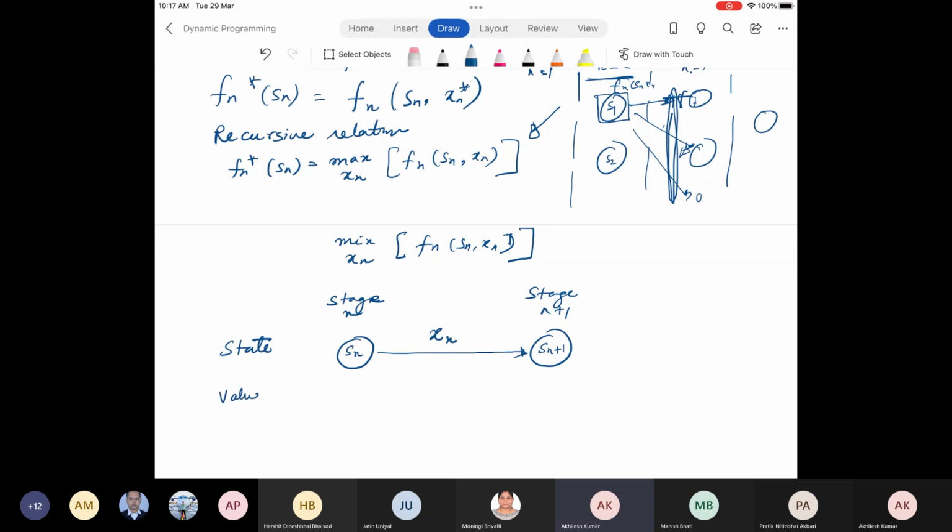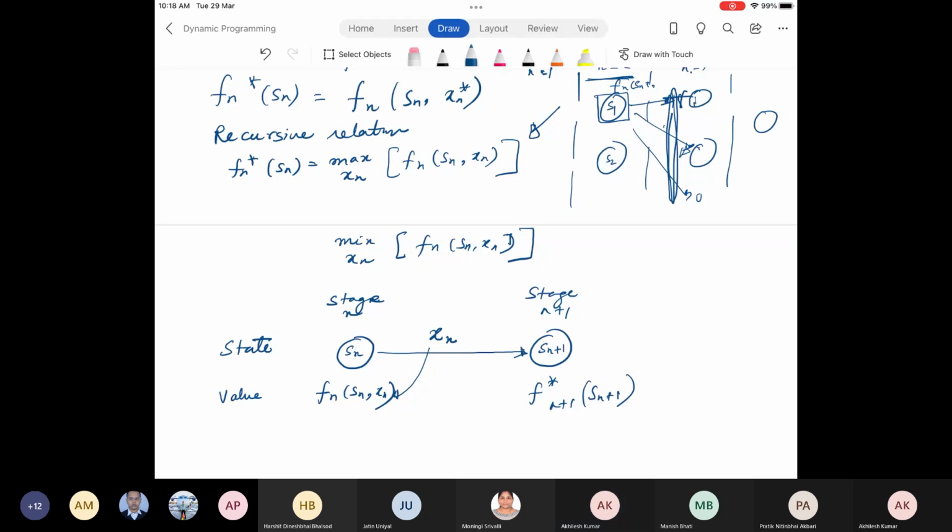Now the value at each state, Sn, is Fn(Sn, Xn). Two things come here. First is the contribution of Xn, which is the immediate contribution if you take that decision, and from n plus 1 onwards, whatever decisions you have taken give you your future contribution.